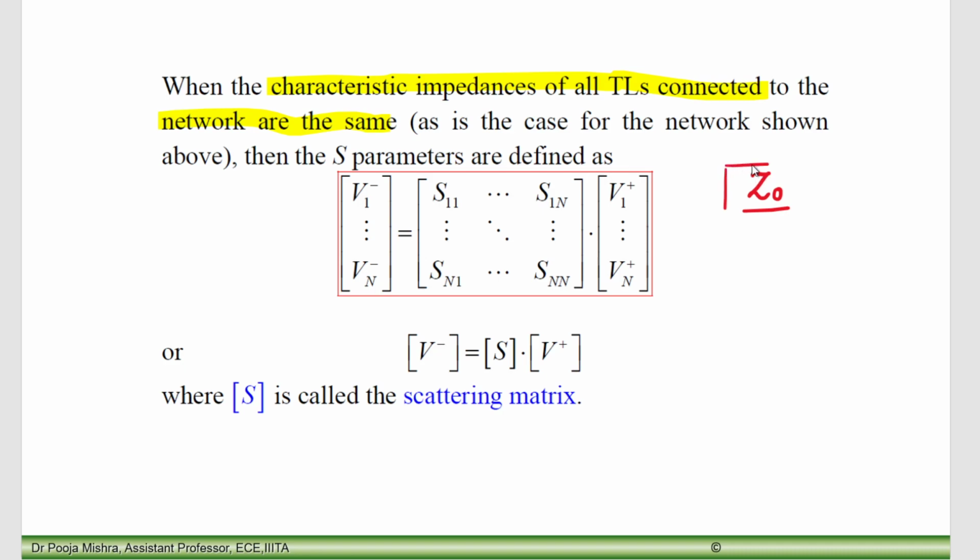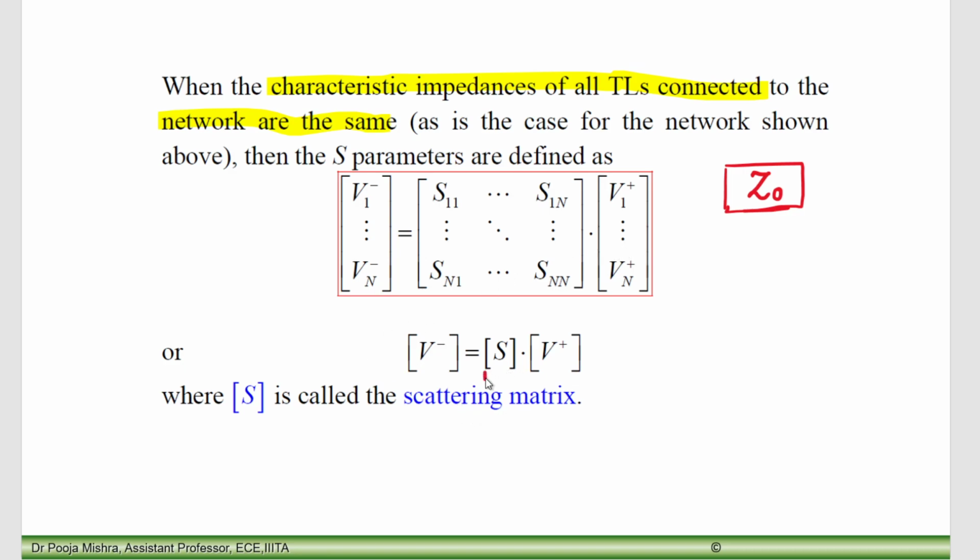We'll see later in this lecture what happens to the scattering matrix analysis if the characteristic impedance is different, but let's first consider that all the lines have the same characteristic impedance Z0. Then we define the S parameter like this equation, V minus as a function of V plus.